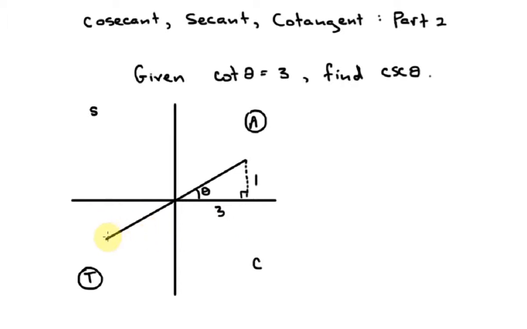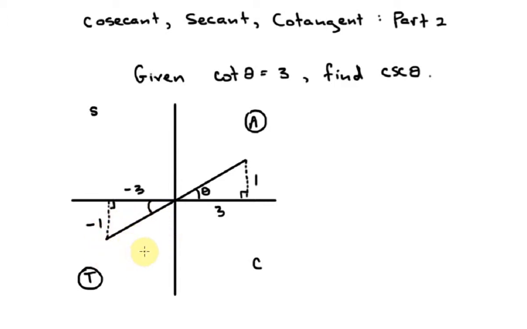Now I'm going to do the same thing over here. I build my little right triangle, and here's my reference angle, and I would have an adjacent of 3 and an opposite of 1, but given where I am, I'm going to make that negative 3 over negative 1. That's still going to be positive 3 and put me in this quadrant.